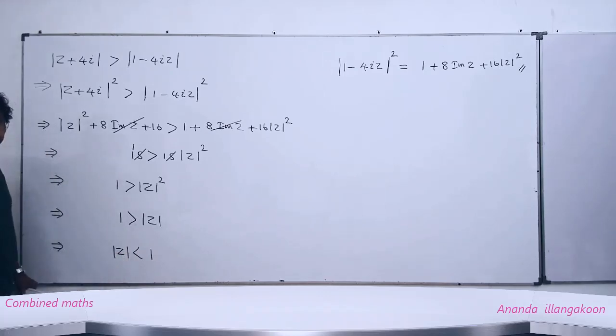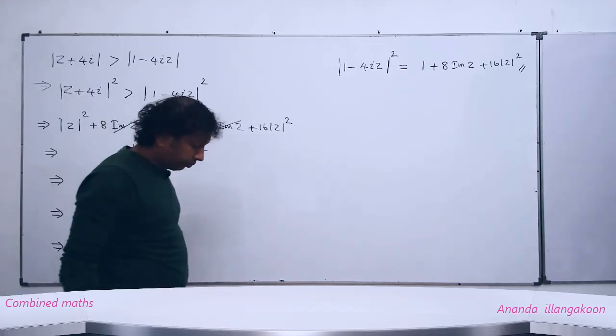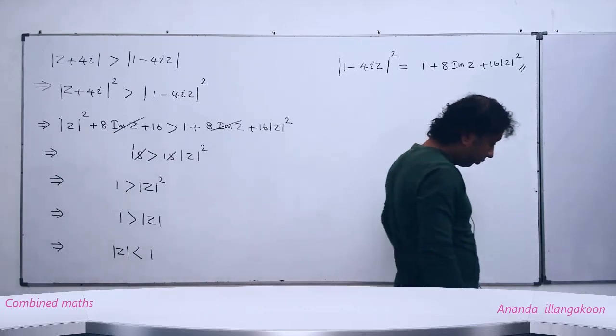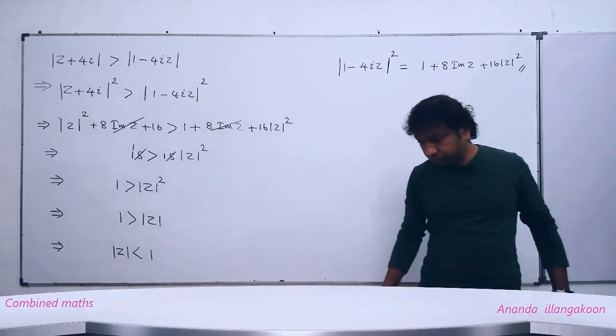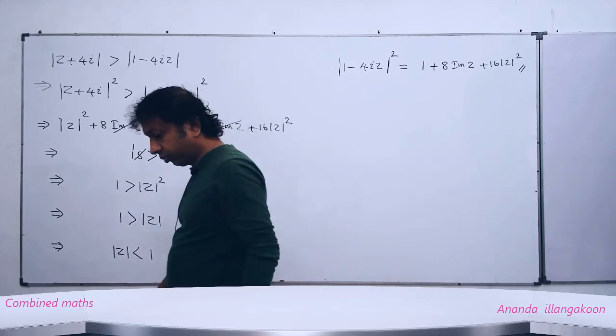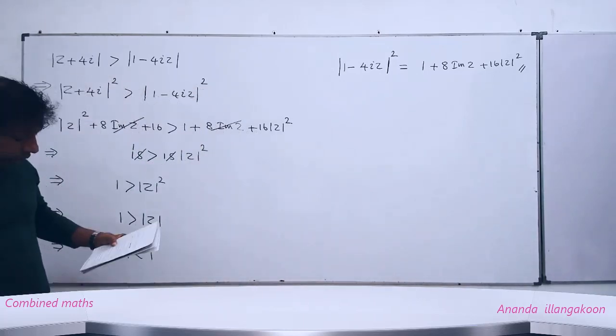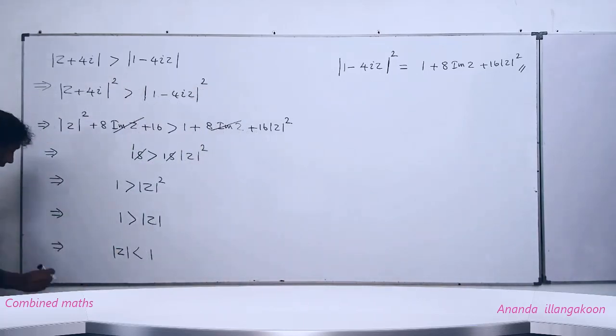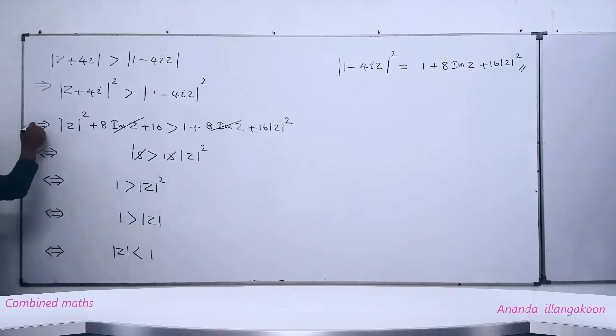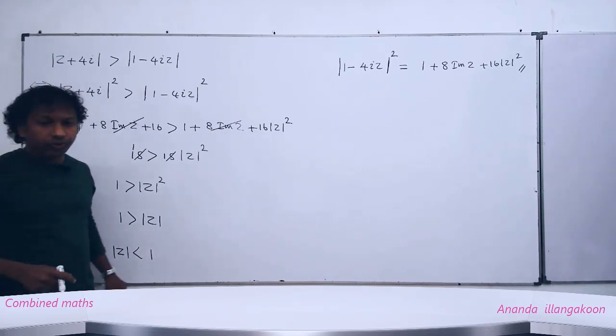Now, for the if and only if proof, we'll take the backward arrows here. Then that proof is okay.